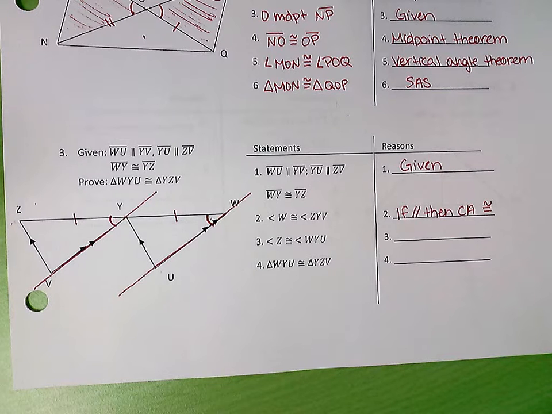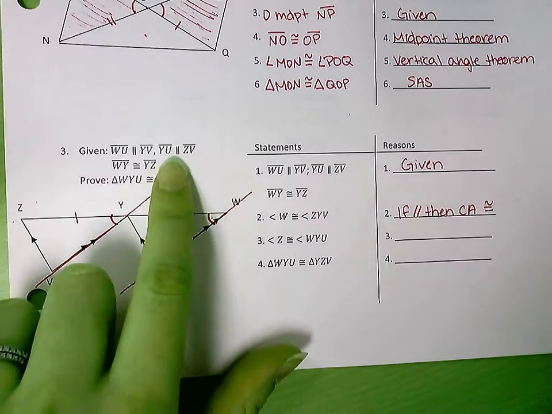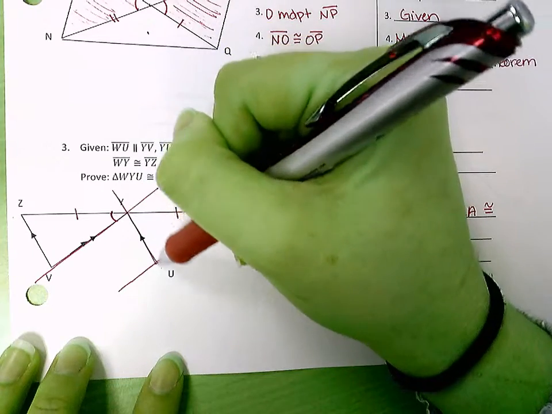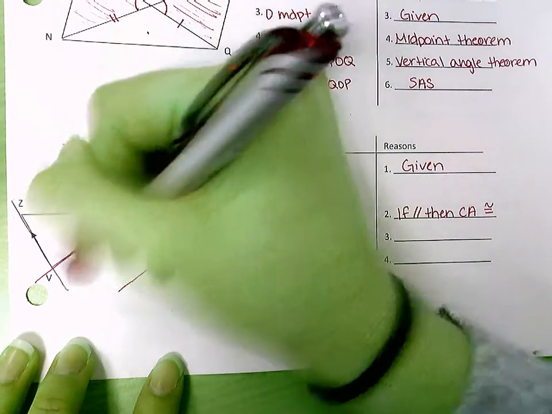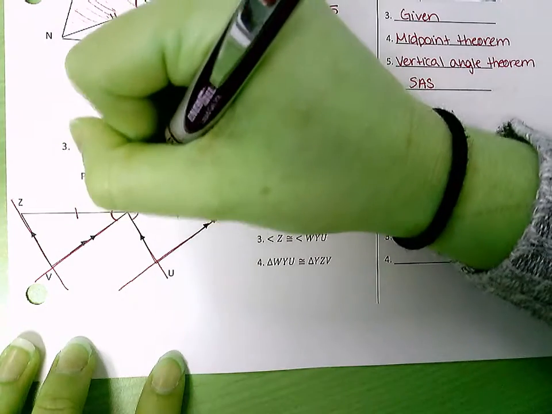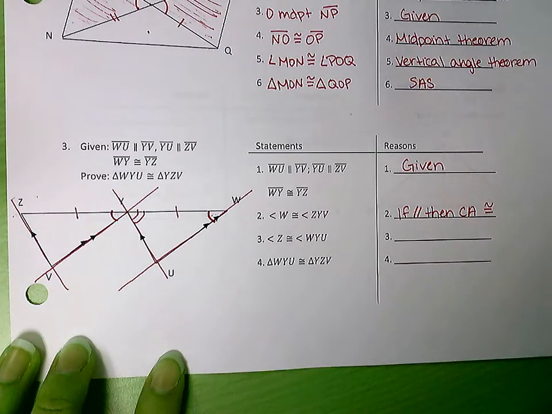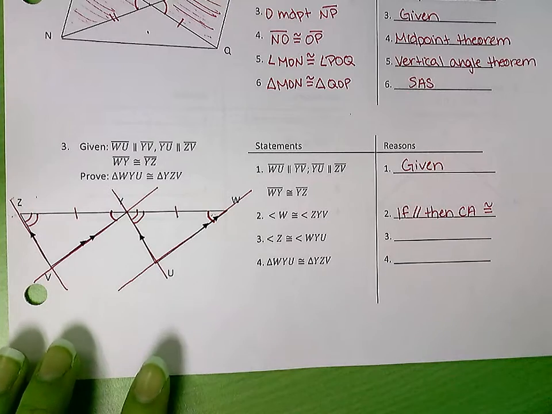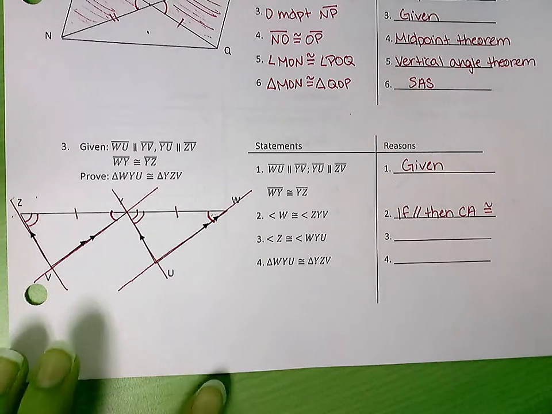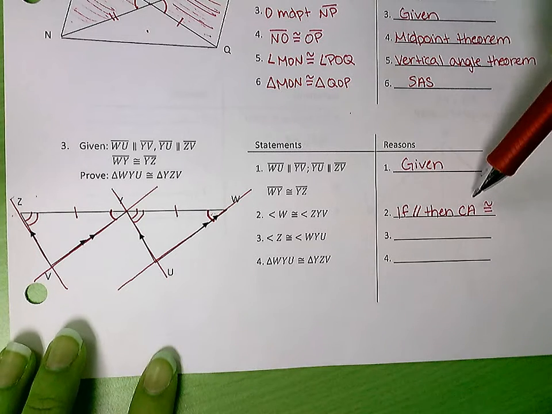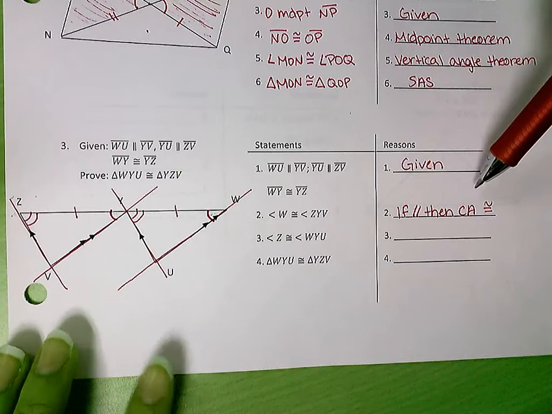So you need to use that those lines are parallel and pick out those congruent angles. So I need to do the same thing with my other set of parallel lines. Now I have YU parallel to ZV. Using this same transversal, I can say this angle right here, WYU, is congruent to angle Z. Why can I say those two angles are congruent? It's literally the same thing.